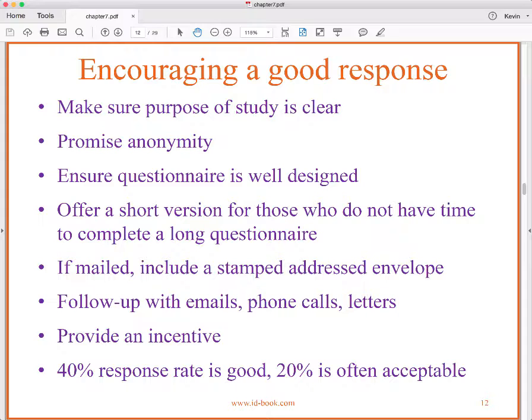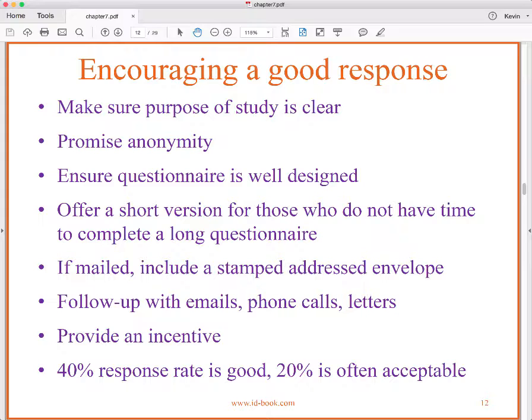And providing an incentive is an interesting idea. I don't know if you've received a survey in the snail mail that came with money, but the largest I've ever been given is a $5 bill. I've gotten $1 or $2, and the idea is that they're kind of guilting you into filling it out because you're not going to throw the money away.